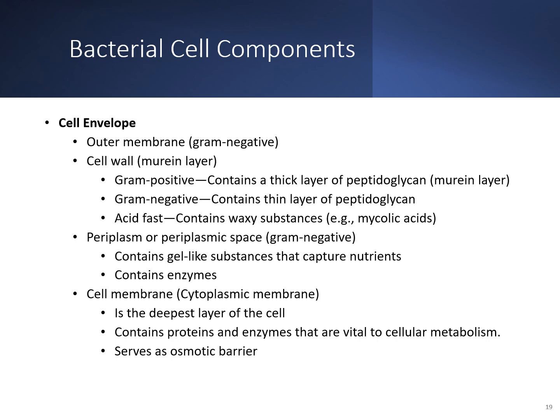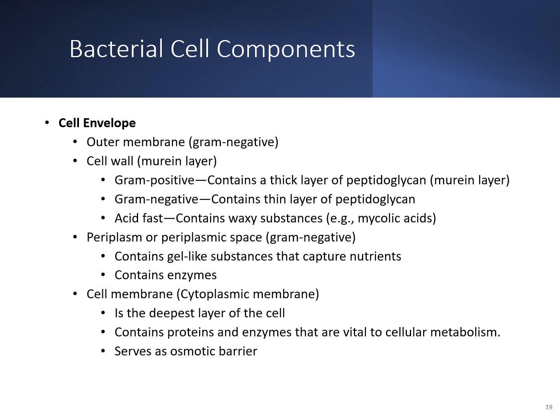Acid-fast bacteria have a waxy substance on the outside of the bacteria. Then you have the periplasmic space, within your gram-negative, which contains a gel-like substance that helps to capture nutrients, and it also contains enzymes.